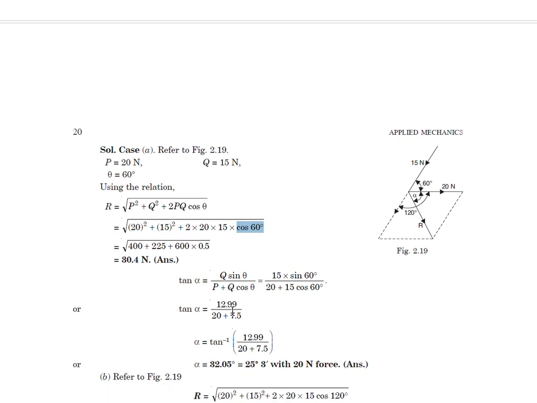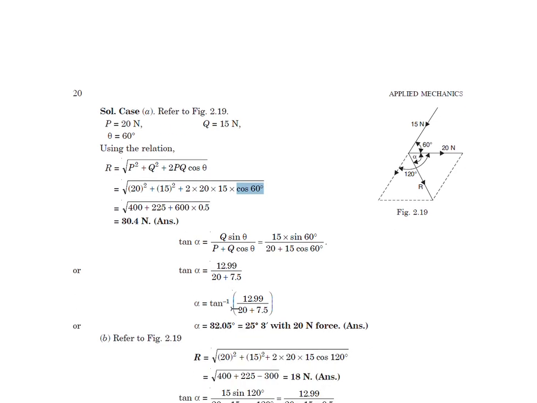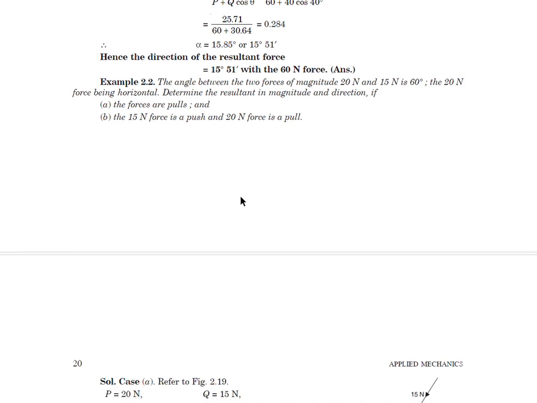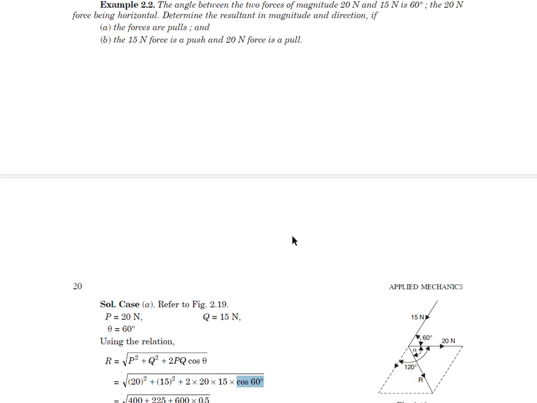So now in the second case, the 15 Newton force is a push force, whereas the 20 Newton force is considered to be again a pull force. So this is pulling in the horizontal direction, and the 15 Newton force has the direction opposite.